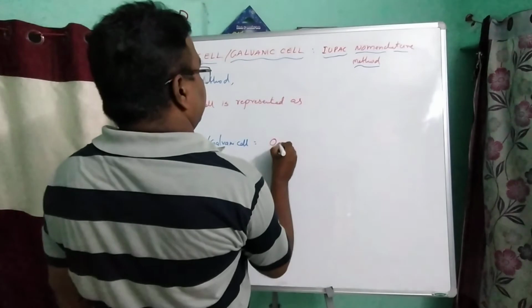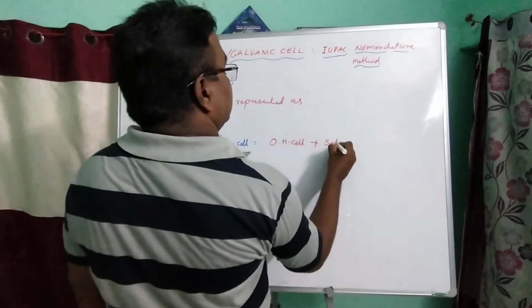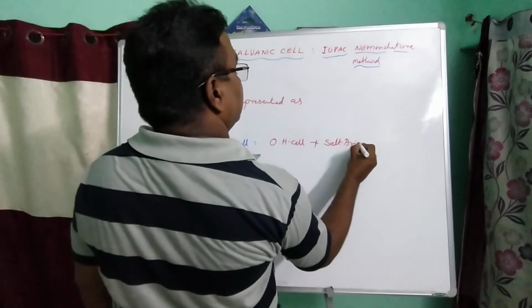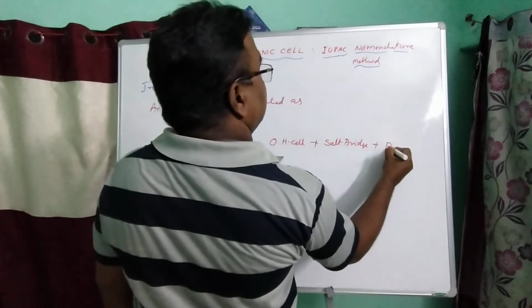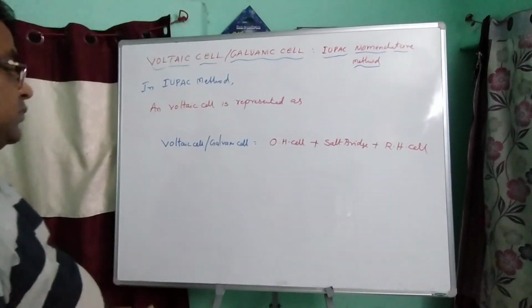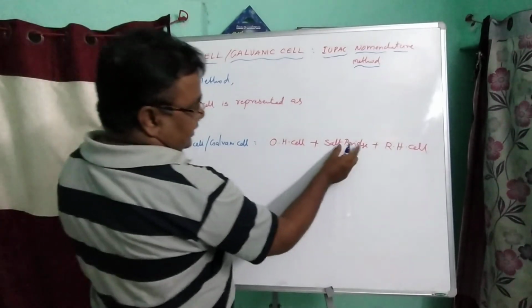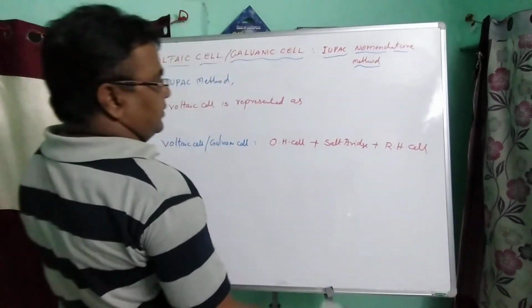The first one is the oxidation half cell, plus the salt bridge, plus the reduction half cell. So first we write the oxidation half cell, next the salt bridge, next the reduction half cell.